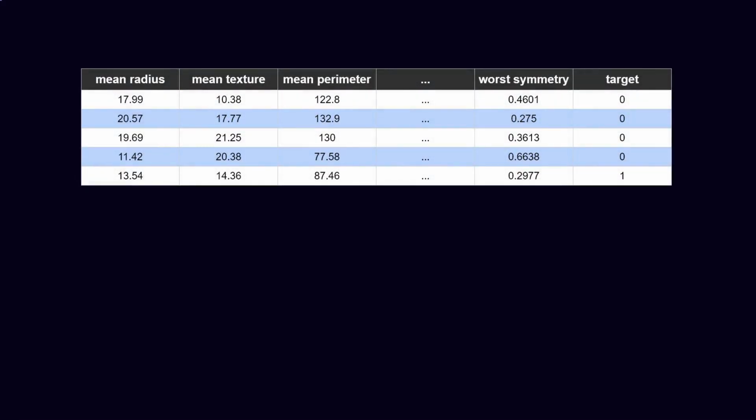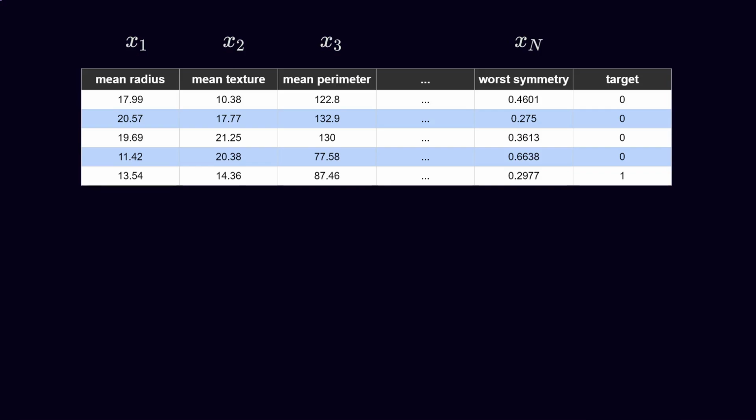Our dataset consists of 569 tumor observations, from which we here show the first 5. Each observation, or a row in the table, has 30 features, also known as explanatory variables, that describe measured properties of the tumor, for example size, shape, and so forth. We label the features as x_i, where the subscript i runs from 1 to 30.